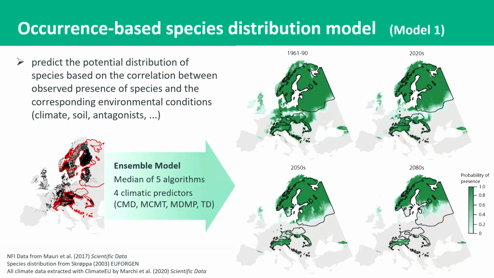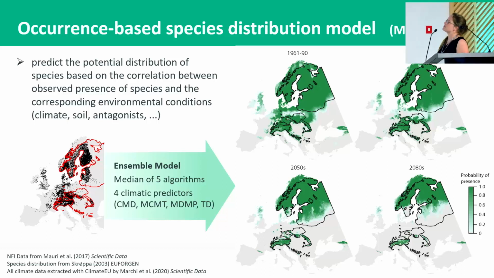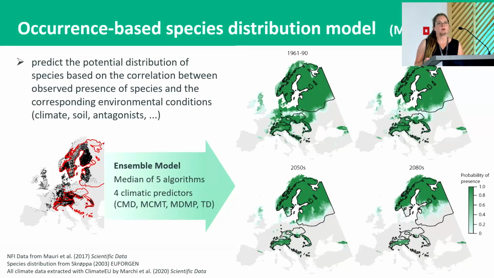So that's where we just jump in, so I won't dive into much of an introduction. One of these models are occurrence-based species distribution models, which are commonly applied and predict the potential distribution of species based on the correlation between observed presence of species and the corresponding environmental conditions.